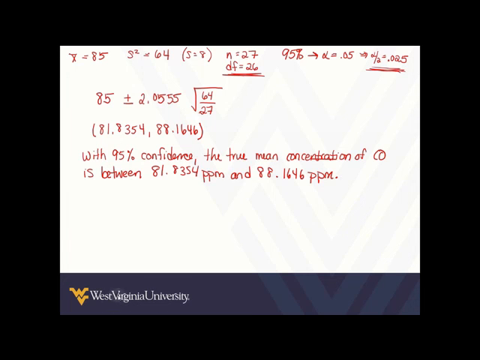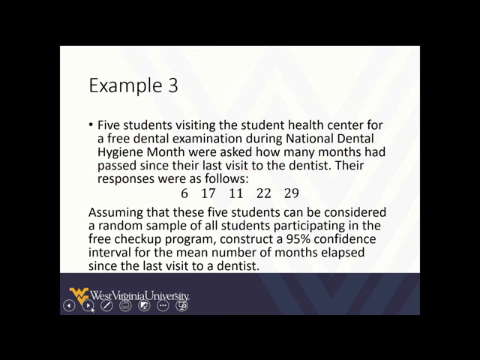Okay, so let's move on. Take a look at another example. And this question is going to be in two parts, just as a heads up. So we're told that 5 students are visiting the Student Health Center for a free dental examination during National Dental Hygiene Month. And they were asked how many months had passed since their last visit to the dentist.